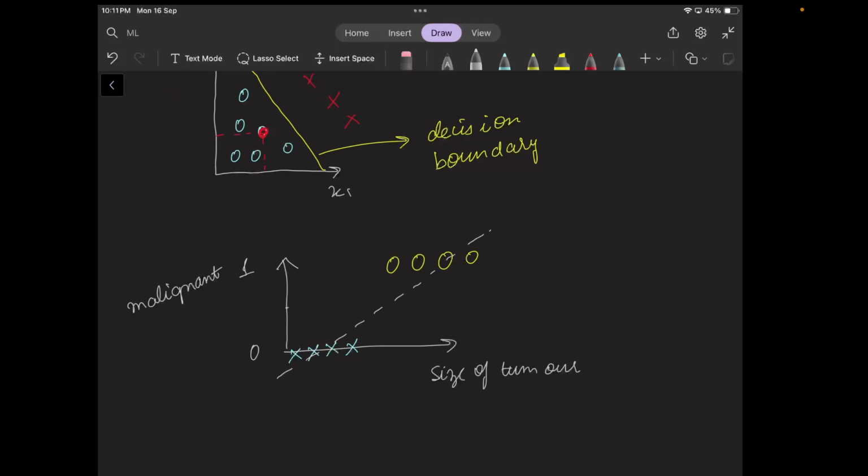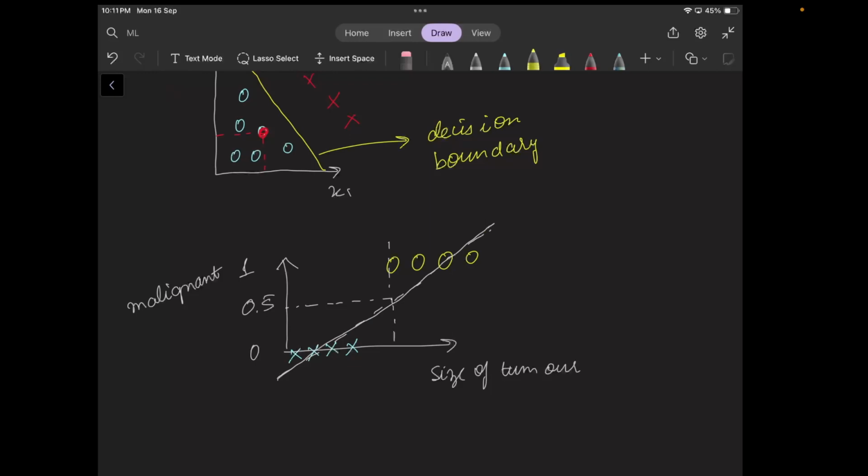So if I fit this linear regression line, and I have this threshold, let's say 0.5, so you might think that this intersects here, and that it does a good job of classifying between the two classes. If the value that this line is taking is greater than 0.5, then I say my tumor is malignant, otherwise it is not.